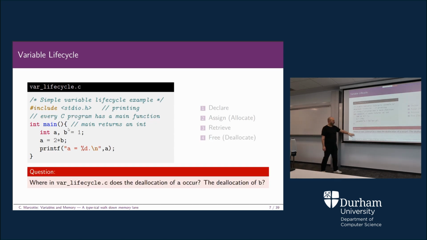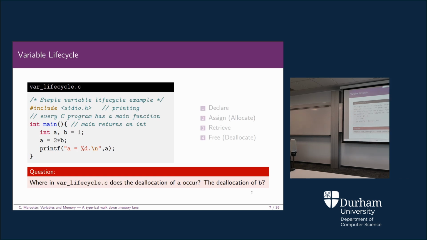The question I have for you is, where in this program does the deallocation of A occur? What about the deallocation of B? Yes, so variable A is certainly deallocated once you leave the program, because you've used it in the final line. In principle, B could be deallocated earlier.